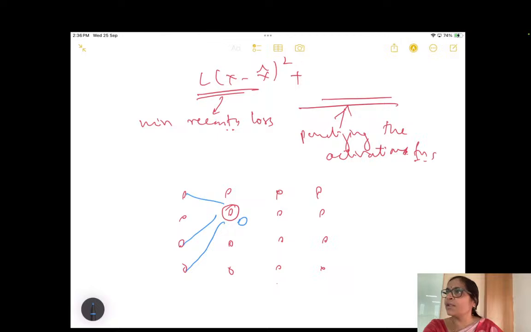Irrespective of whatever clothes she wears, I have to recognize her as Vaishnavi. So I am remembering only those features which are essential. That's where the way you define the loss function is the key.